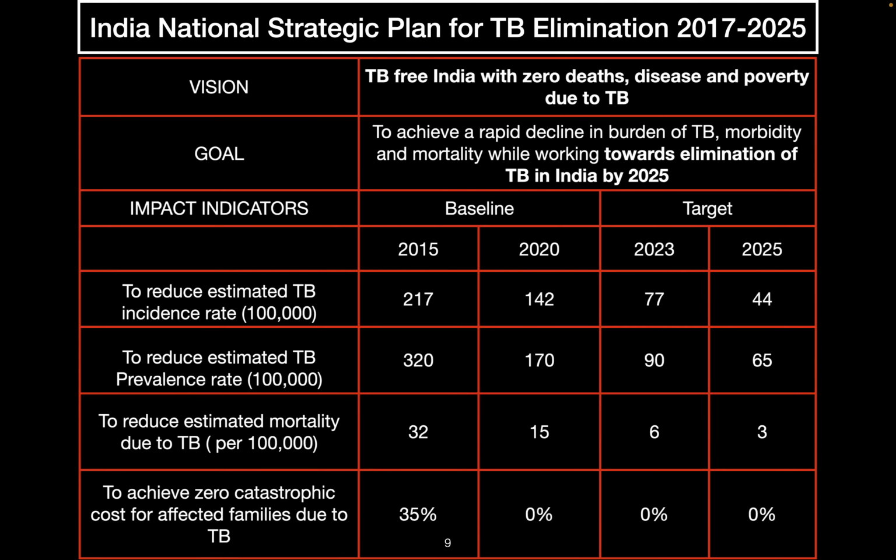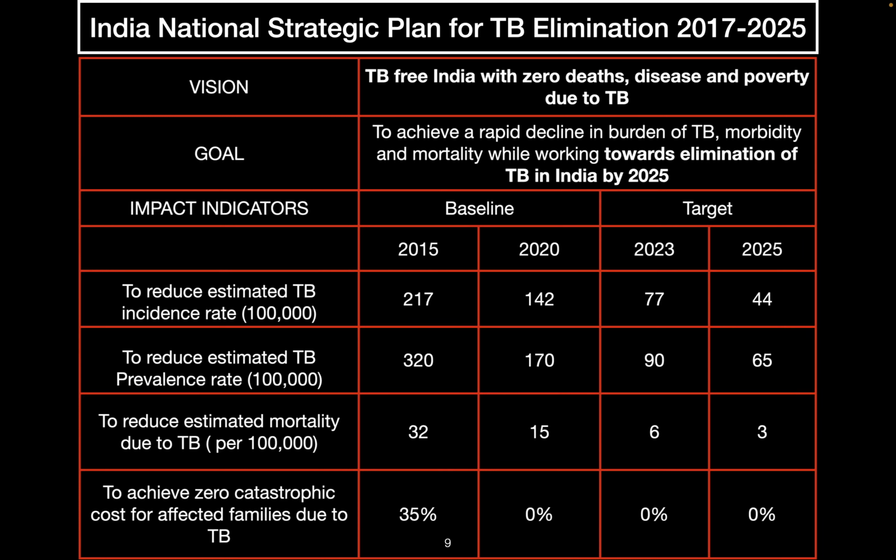So this is India's National Strategic Plan, which shows we have made a good effort. We are toiling hard, and definitely we may achieve the elimination. But we have to be very vigilant.